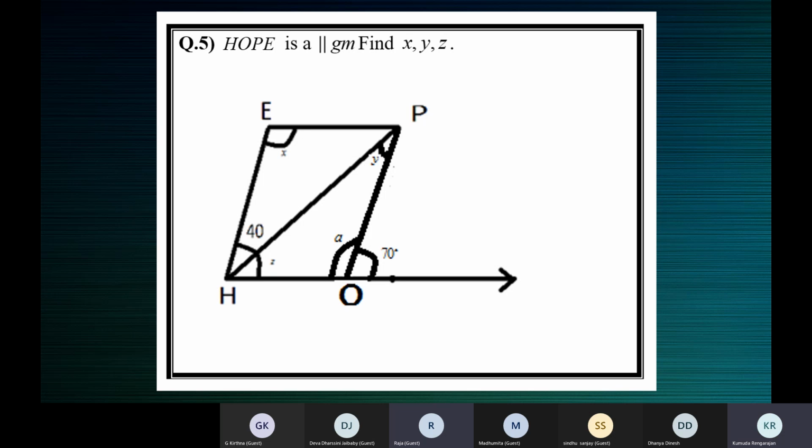I know you've misunderstood something. If you say what you're thinking, I can help. You feel corresponding angles are equal? Yes, ma'am. So for that, first identify the parallel lines.